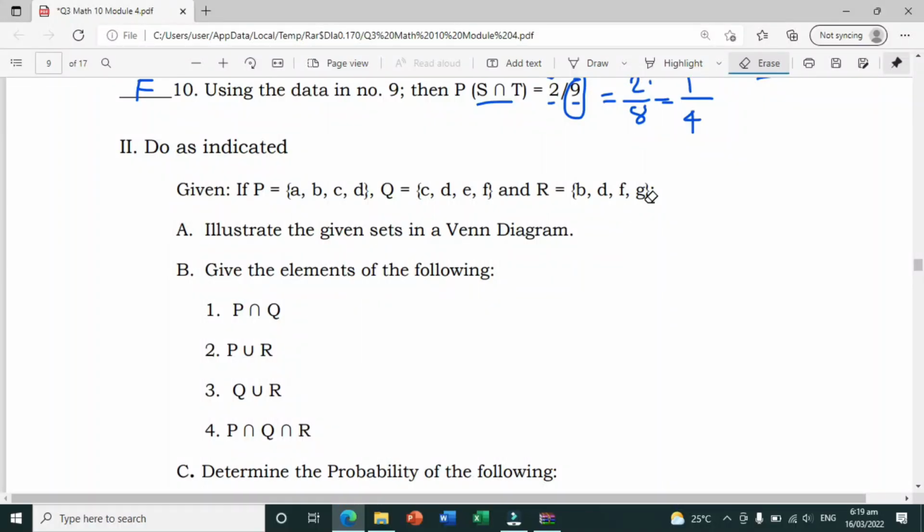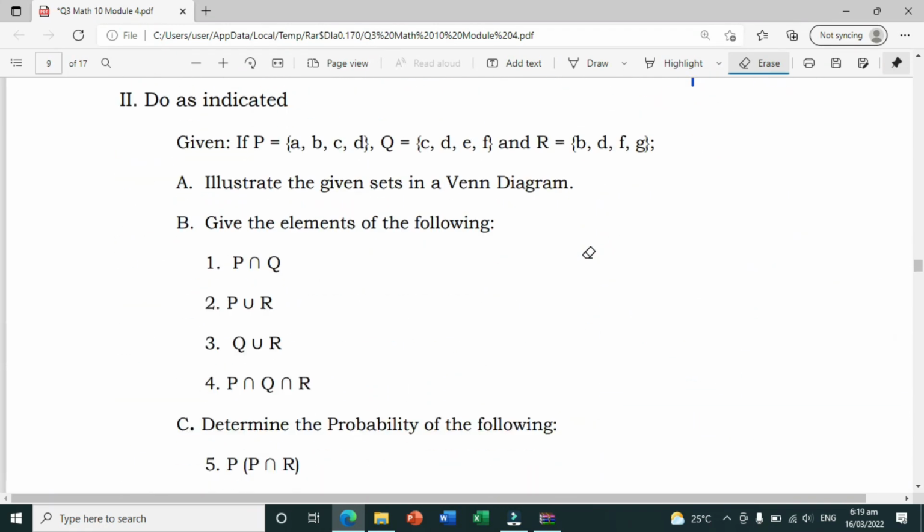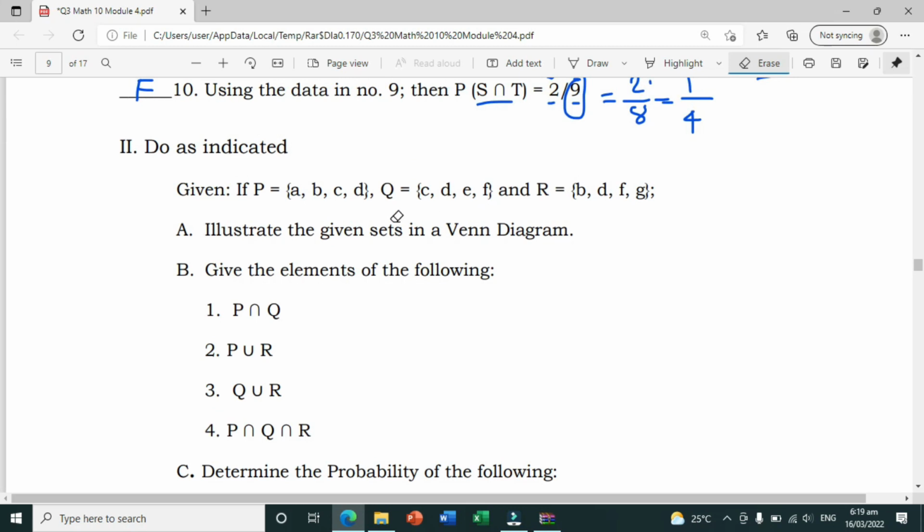Okay, so let us move to part 2 of our let us practice. So, dito, do as indicated, given that P is equal to the elements A, B, C, D, Q are the elements C, D, E, F, R, we have B, D, F, G. So, illustrate the given sets in the Venn diagram.